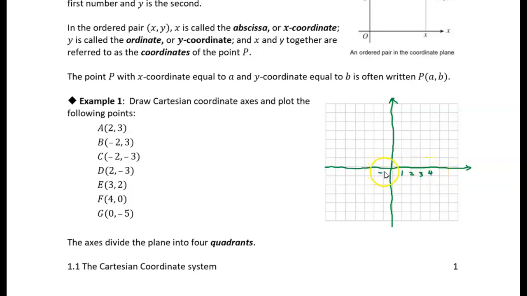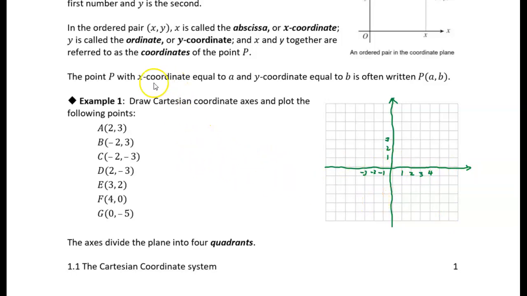Over here, this would be -1, -2, -3, and so on. In the positive direction on the vertical axis is 1, 2, 3. So upward is positive and down is negative. It gets a little messy to try and draw those numbers on there, so we'll just use the fact that one grid line represents one unit.